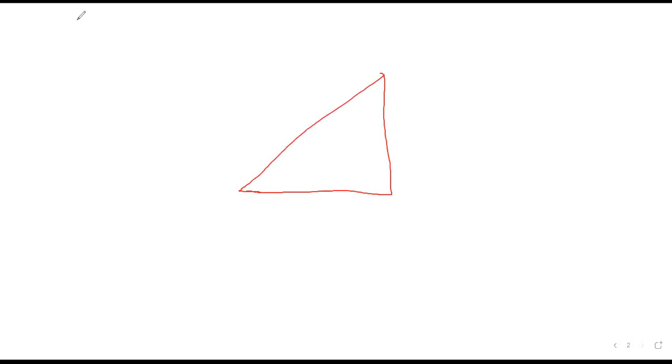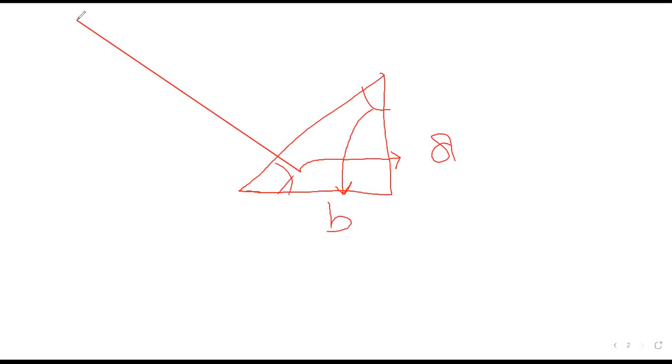In other words, if this angle and this angle are equal, whatsoever the angle is, the side opposite to the angle must be equal. This is A, this is B. If these two angles are equal, then their opposite sides are also equal. Then A is equal to B. Are you getting this?